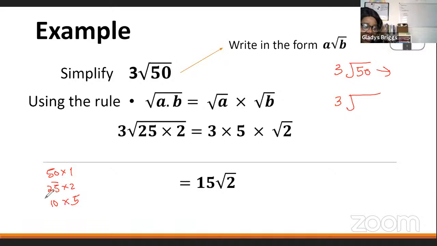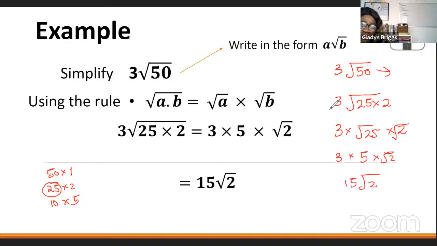Of all of them, 25 times 2 is the one that has a square number, so let's use that one. We write that as 3 times the square root of 25 times 2, which is equal to 3 times 5 times root 2, which is 15 root 2. So that's how you simplify it.